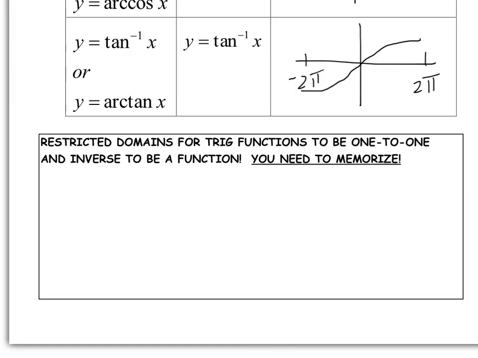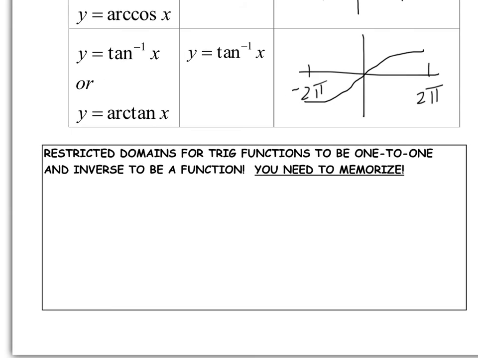Okay, in order for the inverse functions to actually be a function, we have to restrict our domains for the original functions sine, cosine, and tangent in order for those to be one-to-one and the inverse to be a function. So this you really just have to memorize. You need to memorize it so that you can answer some multiple choice questions related to this.